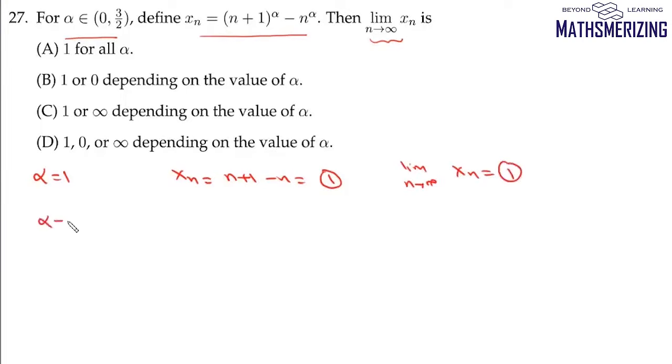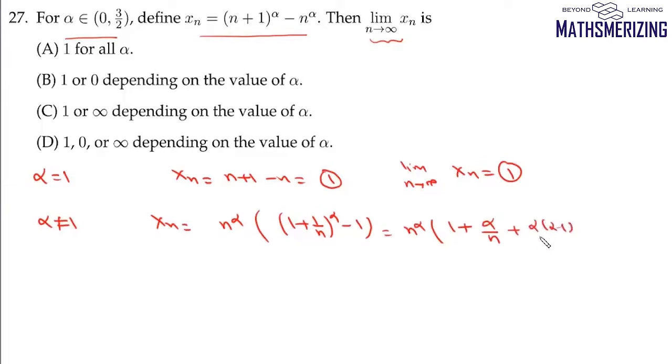Now when alpha is not equal to 1, then in that case we can write this xn as n to the power alpha times 1 plus 1 upon n to the power alpha minus 1. We can write this as 1 plus alpha upon n, alpha into alpha minus 1 upon factorial 2, 1 upon n square, and then minus 1.